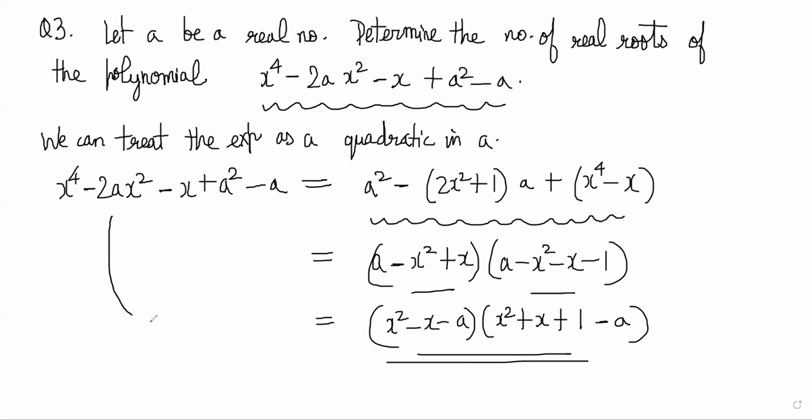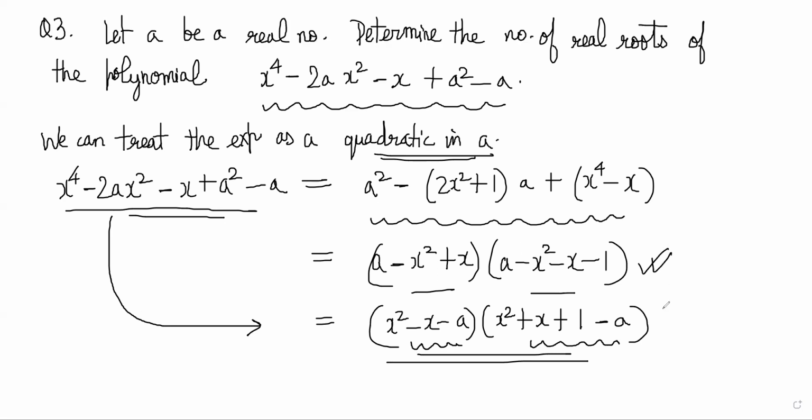So now the entire fourth degree polynomial in x was written as a product of two different quadratic factors in x, right? The trick was to use it as a quadratic in a and use that to figure out the roots of the quadratic in a in terms of x. And once you got this factorization, we just multiplied each of the factors with minus 1.